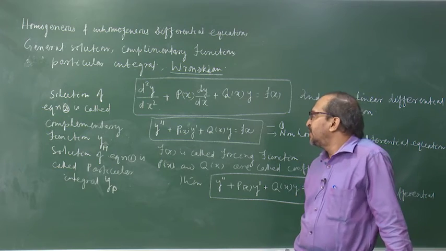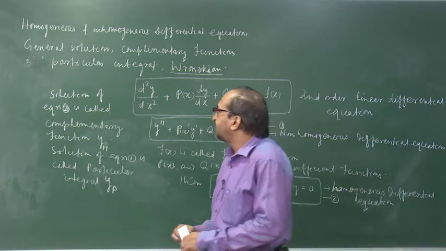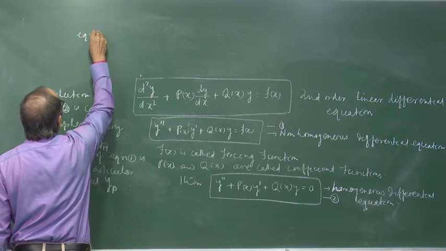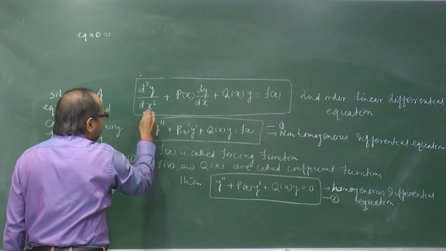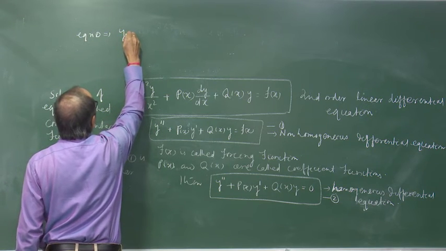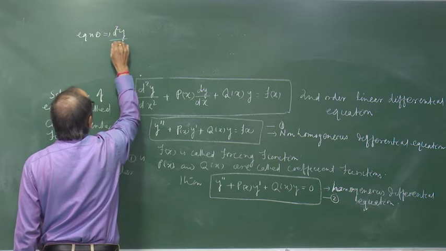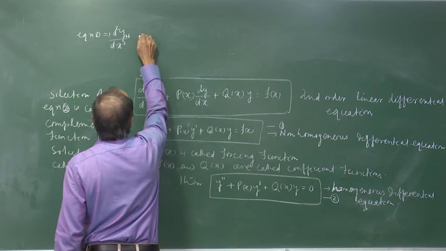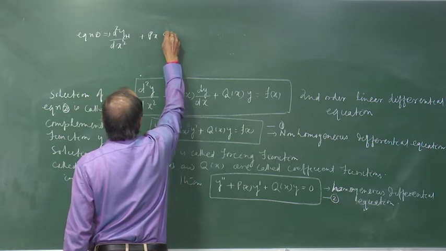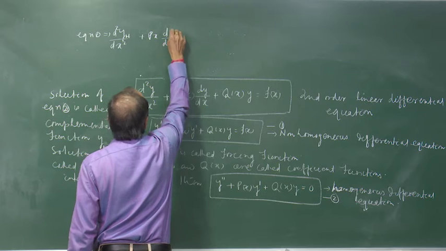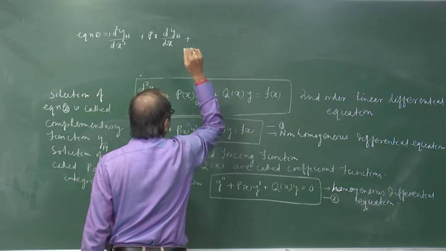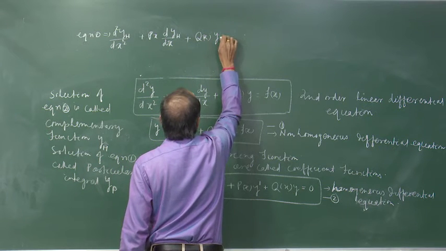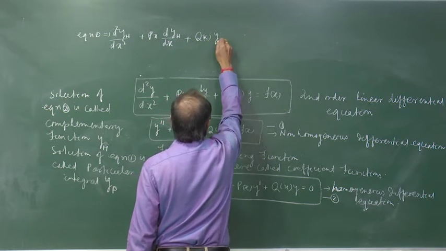Therefore, our equation 2 we can write as d square y by dx square of y h plus p of x into d by dx of y h plus q of x into y subscript h is equal to 0.